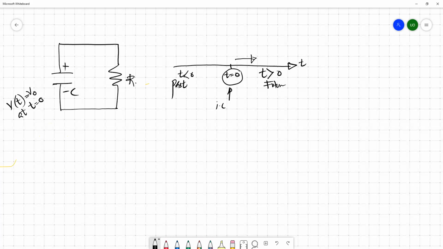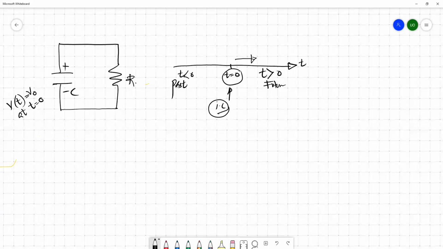So we don't need to worry about what happens to the circuit during the past, but with this initial condition, we can manage the rest. If you know the initial condition, or the voltage at t equals 0, you can predict or forecast the future.